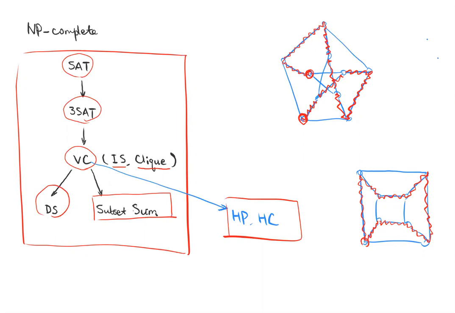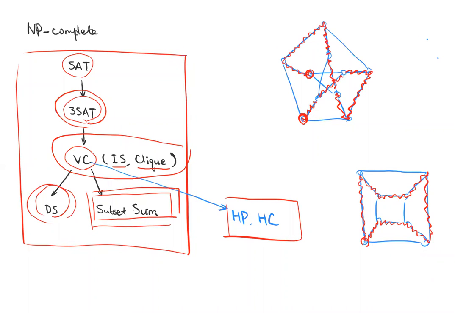Okay. So these are important NP-complete problems you should remember. 3-SAT, SAT and 3-SAT are basically the same thing. Then vertex cover, dominating set, subset sum, of course, and partition.